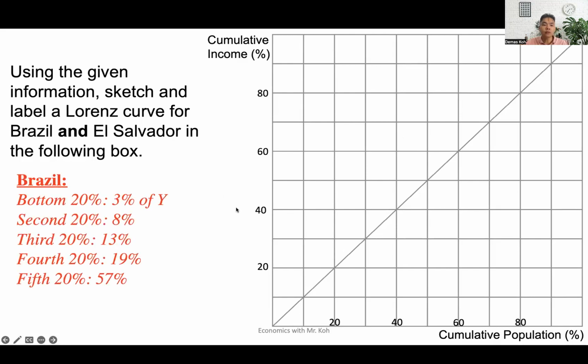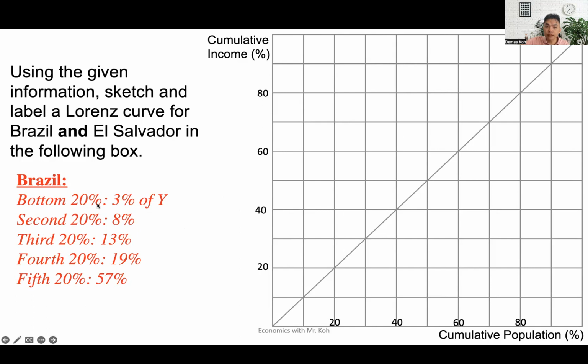So for Brazil, I've basically gotten all of the information in the pie chart and written it down here. So we're going to first indicate on the box the following information using crosses, right?